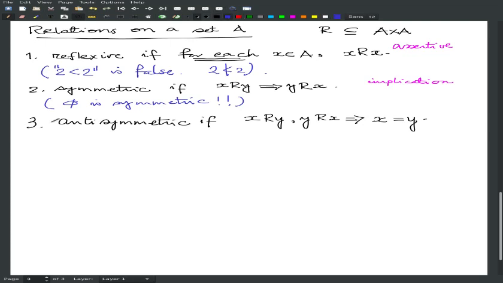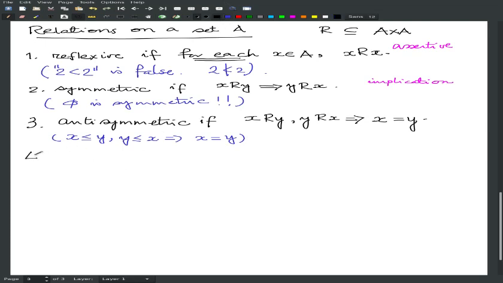You remember, x is less than or equal to y and y is less than or equal to x implies x is equal to y. So there are some relations which are antisymmetric, but less than is not antisymmetric.